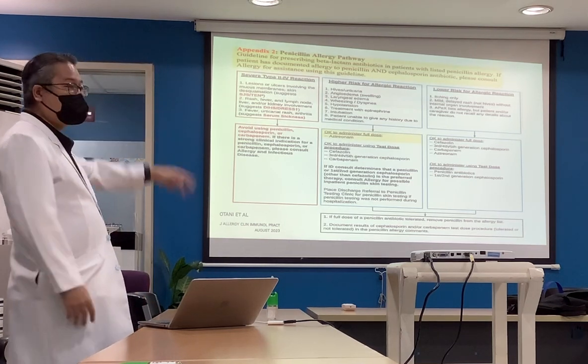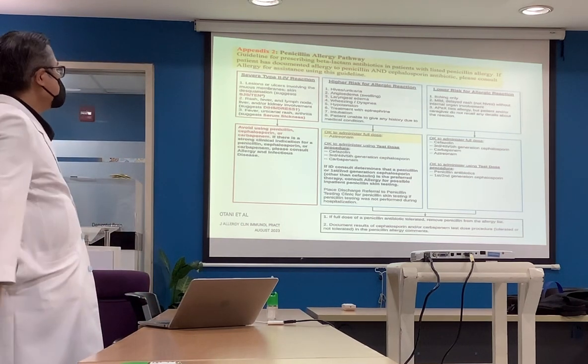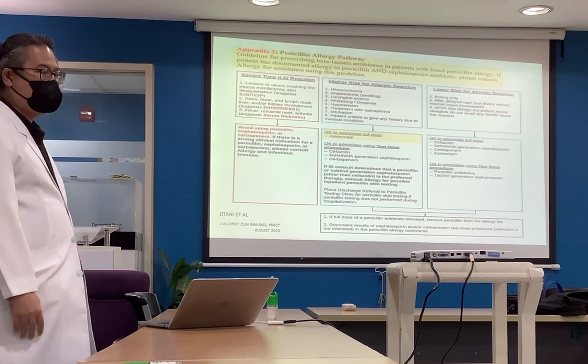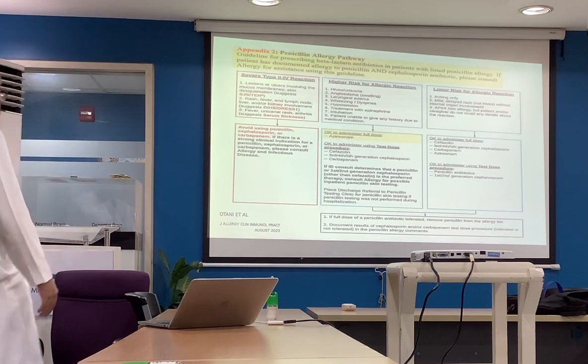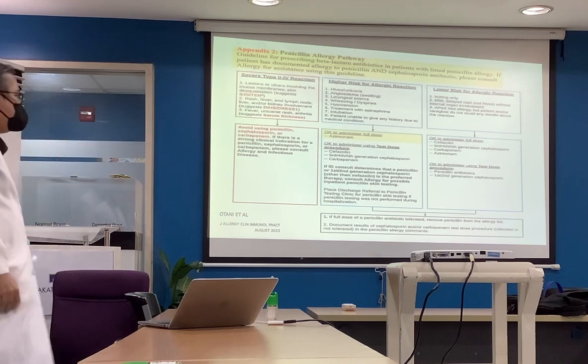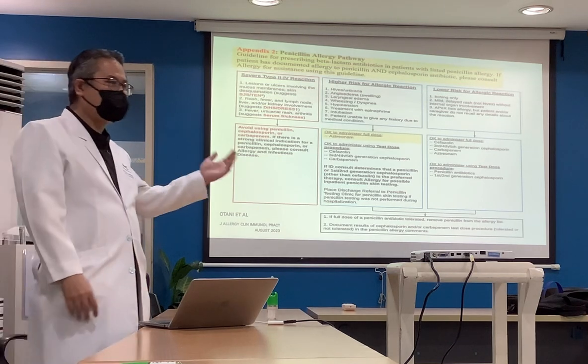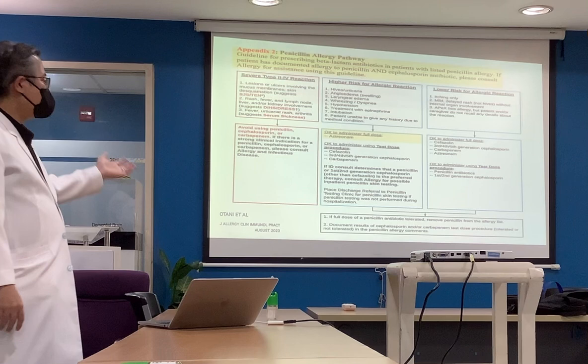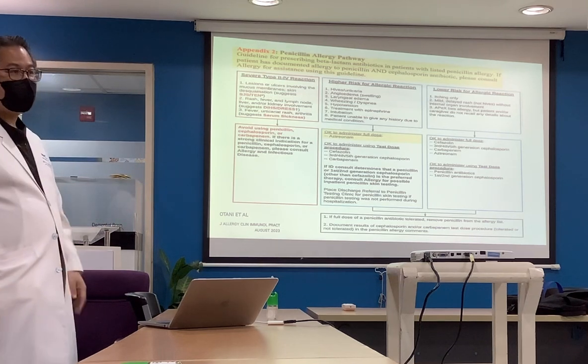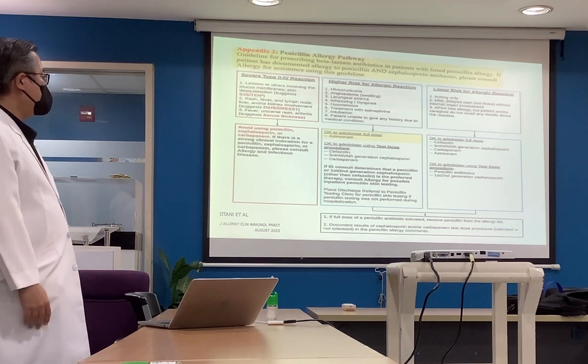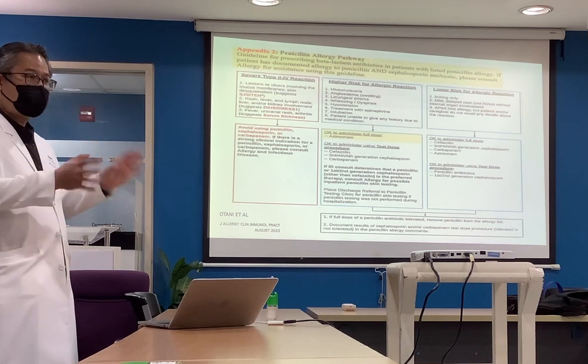You can give Aztreonam right away as your alternative. Although there are other possibilities, you can do test dose for cefazolin, third or fourth gen cephalosporin, carbapenem. Okay, so those are possibilities.